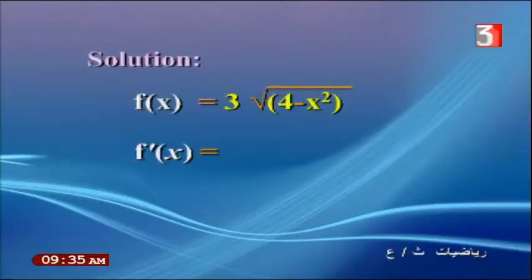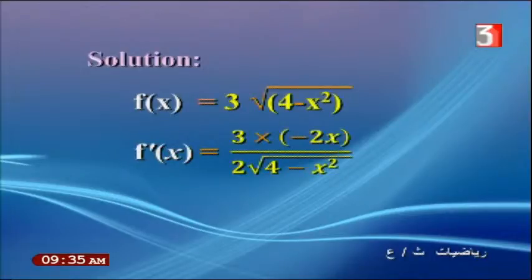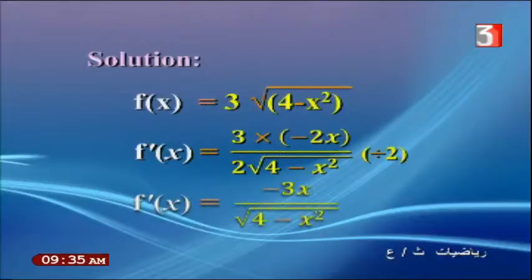The first derivative f dash x equals 3 multiplied by the derivative of the function inside the root, which is negative 2x, all divided by twice the root, 2 multiplied by the root of 4 minus x squared. We can simplify 2 from the numerator and 2 from the denominator, then f dash x equals negative 3x over the square root of 4 minus x squared.